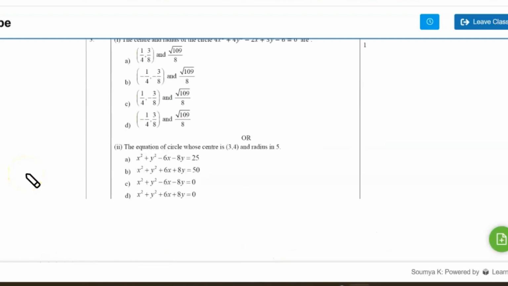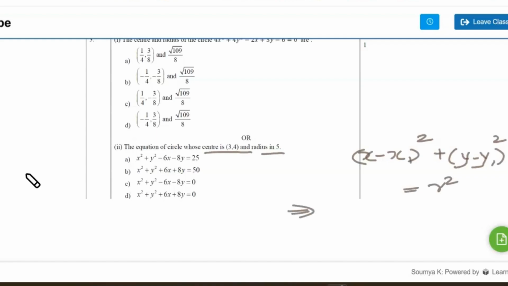Let's solve the second option of your third question, that is a little shorter, and you will understand how to reach the first question. So let's do it. The equation of the circle whose center is given and radius is given. So two things are given to you, and you have to find the equation of your circle. The equation of a circle can be x minus x1, the coordinate of the point that is given to you, the whole square, plus y minus y1 the whole square, equal to the radius square.